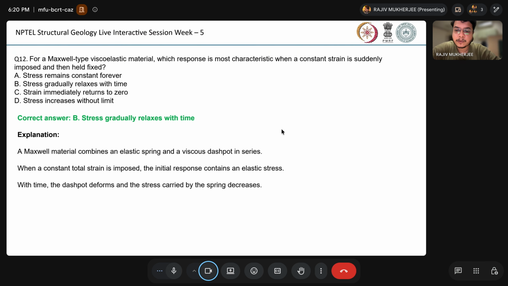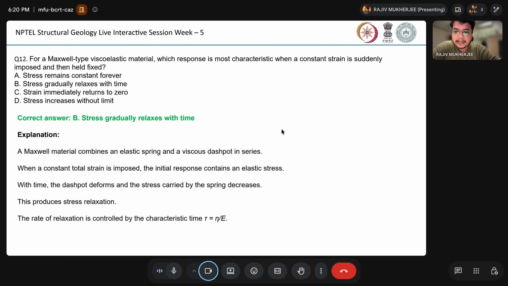With time, the dashpot deforms and the stress carried by the spring decreases. So stress is being partitioned between the spring and the dashpot, and this produces a stress relaxation, right?